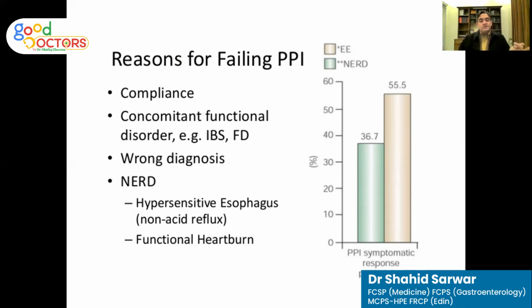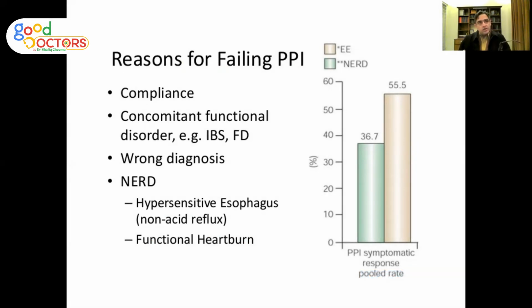But remember, there are patients of reflux disease where the symptoms are not due to reflux of the acid. Maybe it is bile which is refluxing into the distal part of the esophagus. In that case, PPIs are not very helpful because obviously acid is not the culprit here. Then in some situations, reflux of the acid in the distal esophagus is normal, not above the normal physiological limit, but the esophagus is more sensitive.